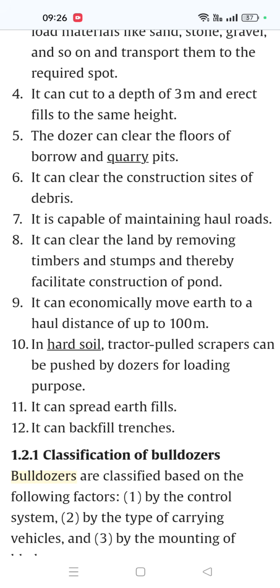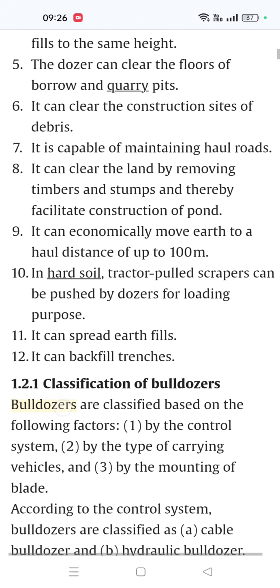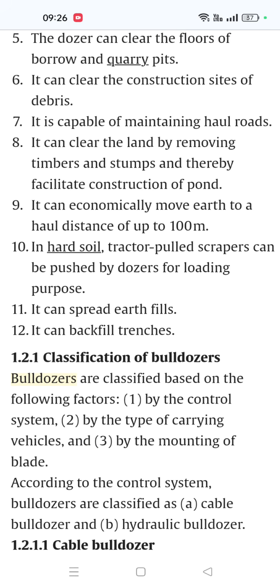It is capable of maintaining whole road. 8. It can clear the land by removing timber and stump and thereby facilitate construction of pond.